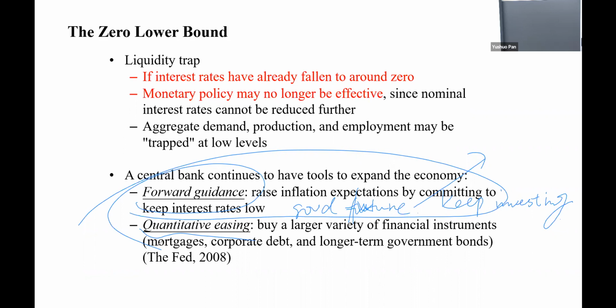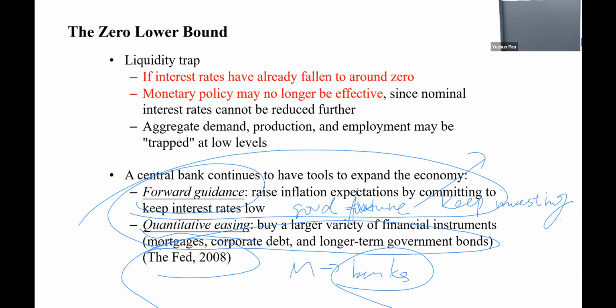But during the 2008 financial crisis, that's what the Fed was doing. Besides the short-term government bonds, which are safe, the Fed also bought others. In this way, they give more money to the banks.